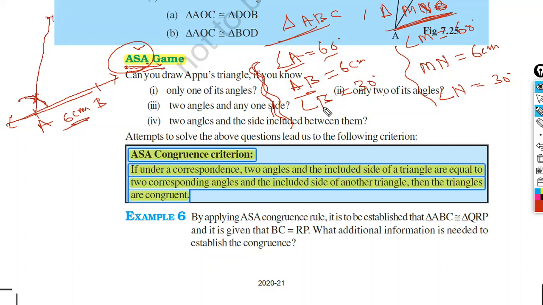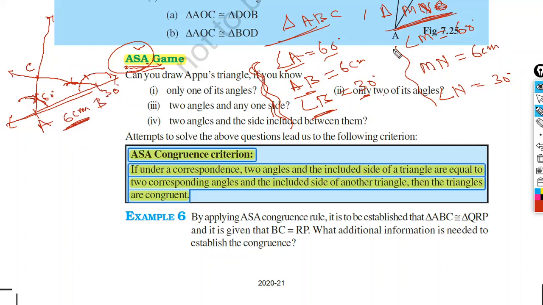Again at B the angle is 30 degrees, so you take an arc, then draw 60 degrees, then bisect it, take another arc here and the same arc, and join these two points. Now wherever these two rays intersect, name that point C. So we have got angle A equal to 60, angle B equal to 30 degrees, AB equal to 6 cm, and we have drawn a triangle.